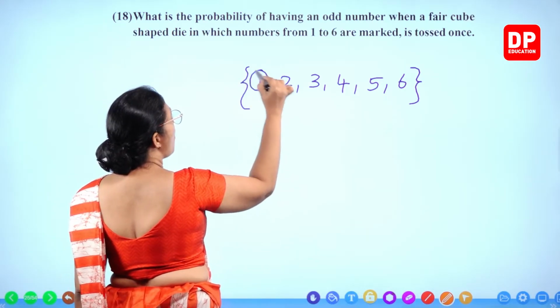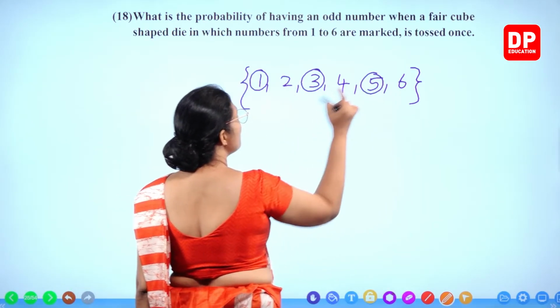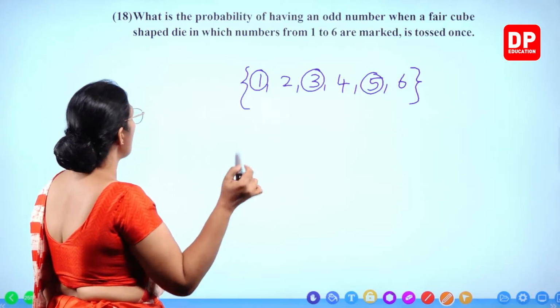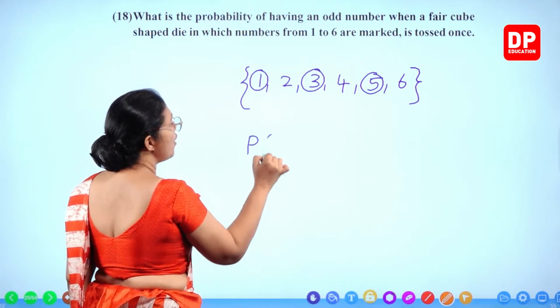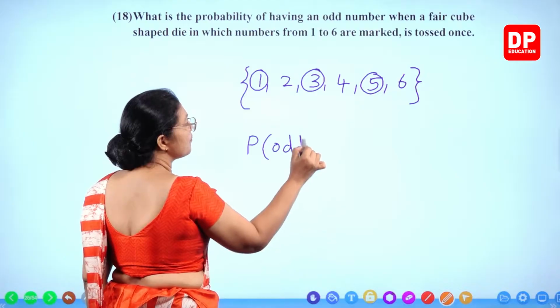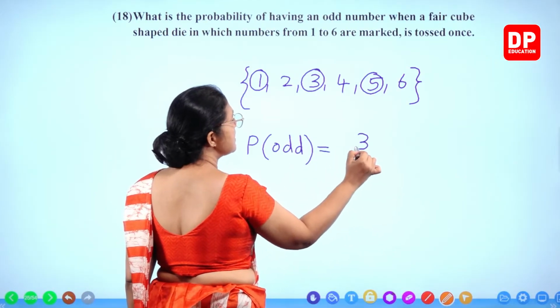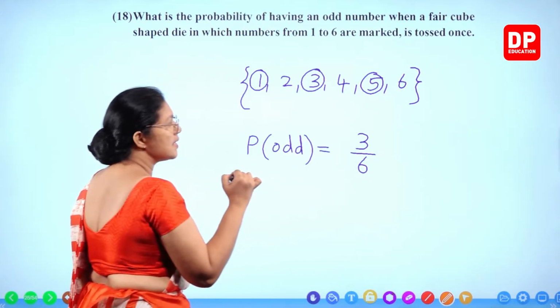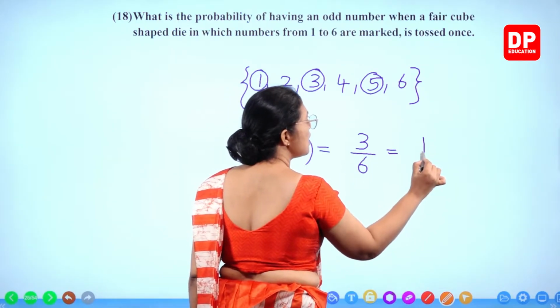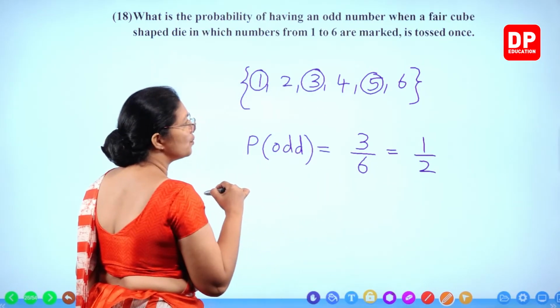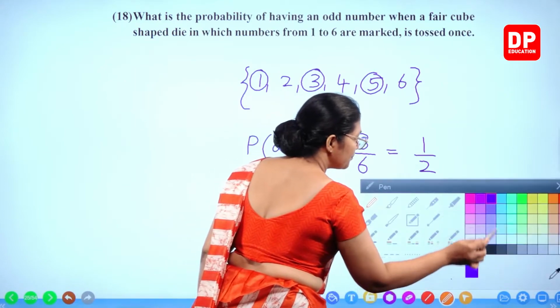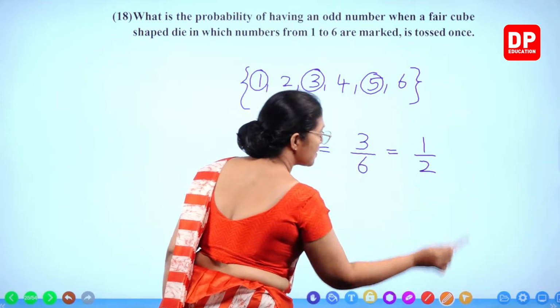Odd numbers are 1, 3, 5. 3 numbers are odd. So what is the probability of getting an odd number? That means 3 possibilities out of 6. 3 over 6 you can write as 1 over 2. So 2 marks you are getting.